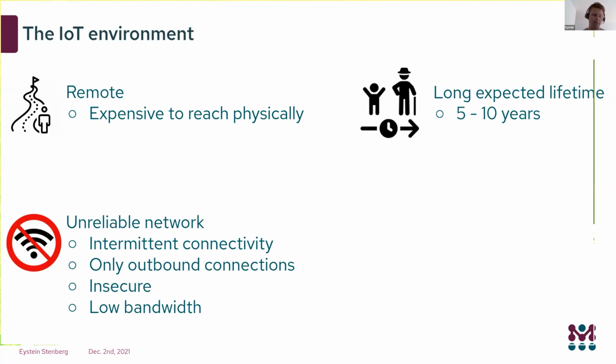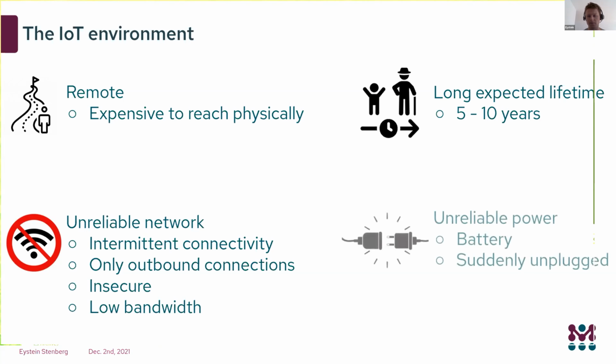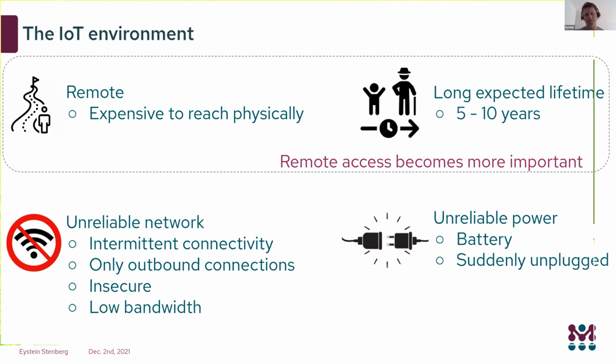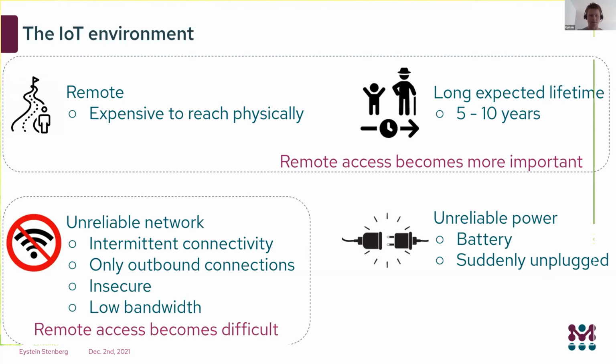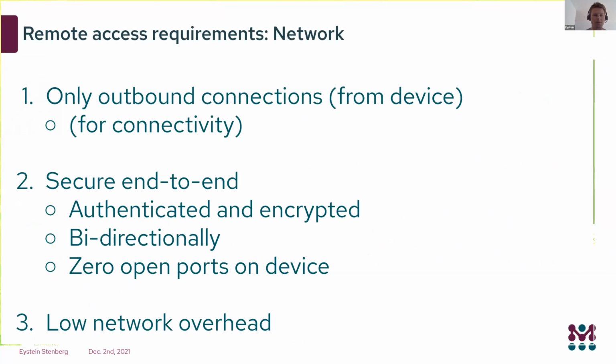And you should assume it's insecure, and in many cases it has low bandwidth as well. And power is unreliable, so it can be unplugged at any time. So the first two make remote access more important, whereas this one, the unreliable network, makes it more difficult to implement. So we'll take a look at some of the approaches there.